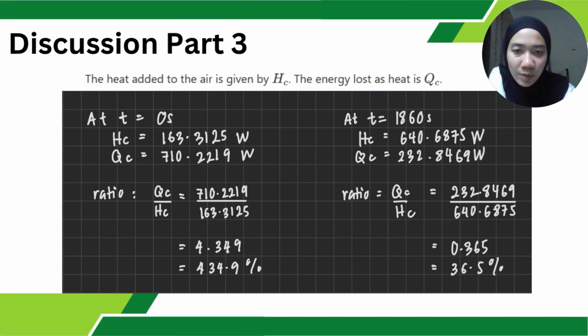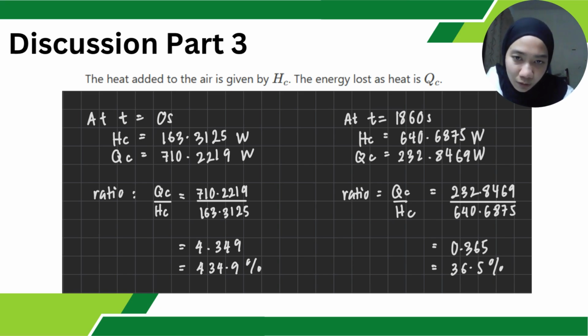So this is how we calculate the percentage. The heat added to the air is given by Hc. The energy loss as heat is Qc. So at T equals 0 second, Hc is 163.3125 watt and Qc is 710.2219 watt.